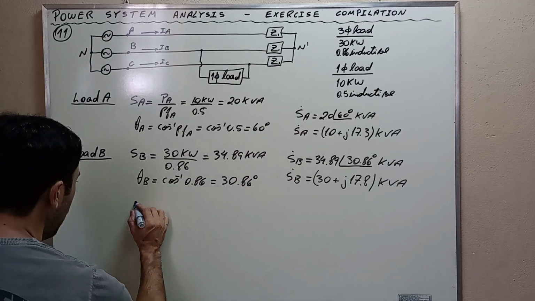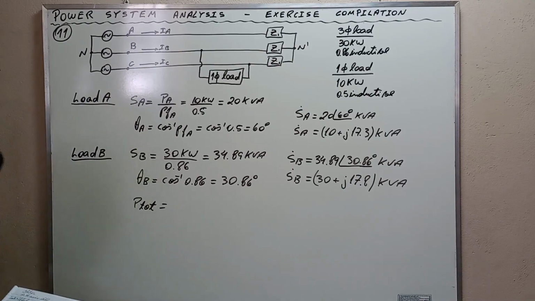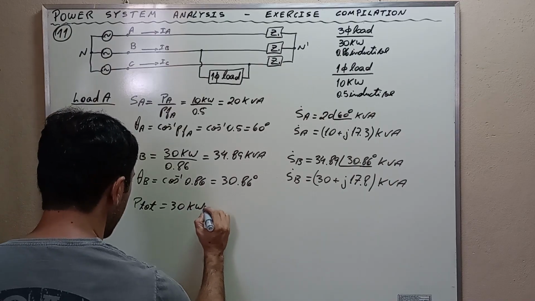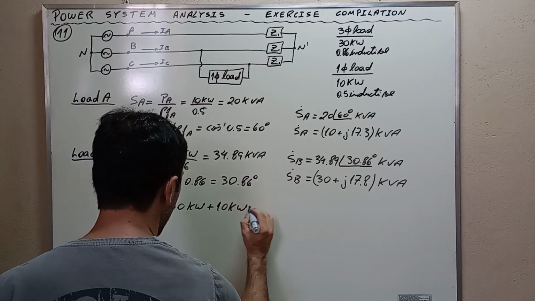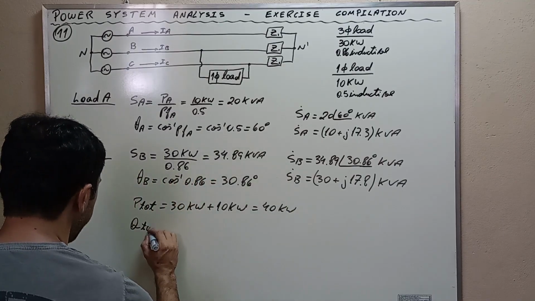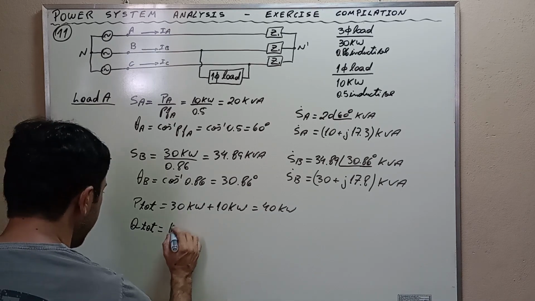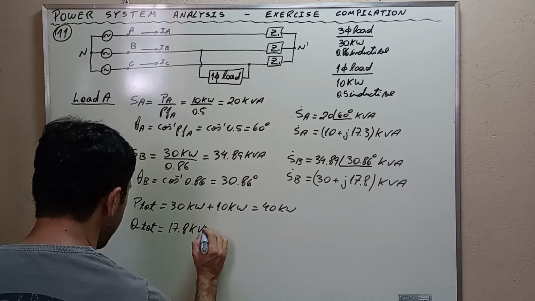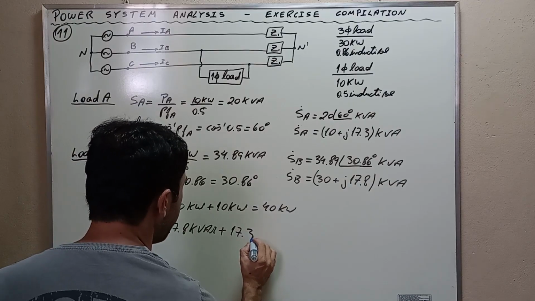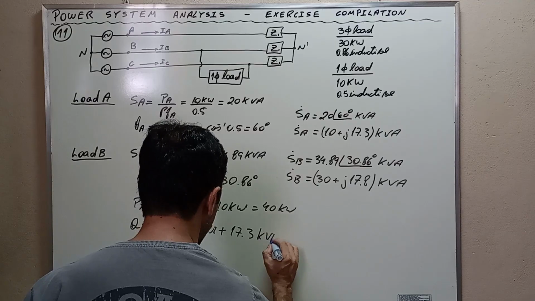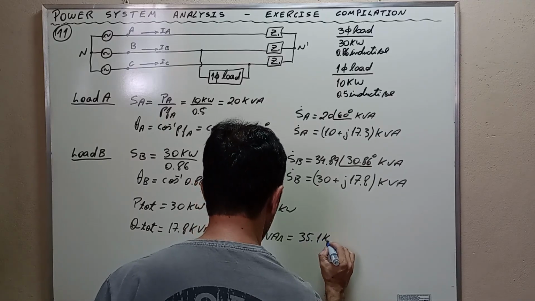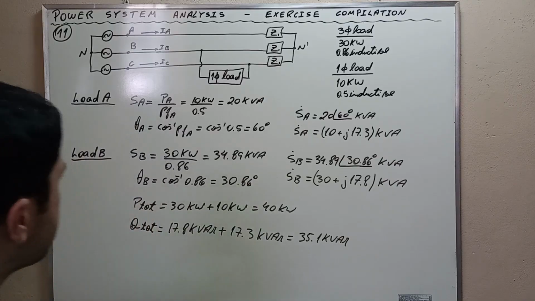The total real power is going to be 30 kilowatts plus 10 kilowatts, which is equal to 40 kilowatts, and for the reactive power it is going to be 17.8 kVAR plus 17.3 kVAR, and this is equal to 35.1 kVAR. Okay, my friends? Alright.